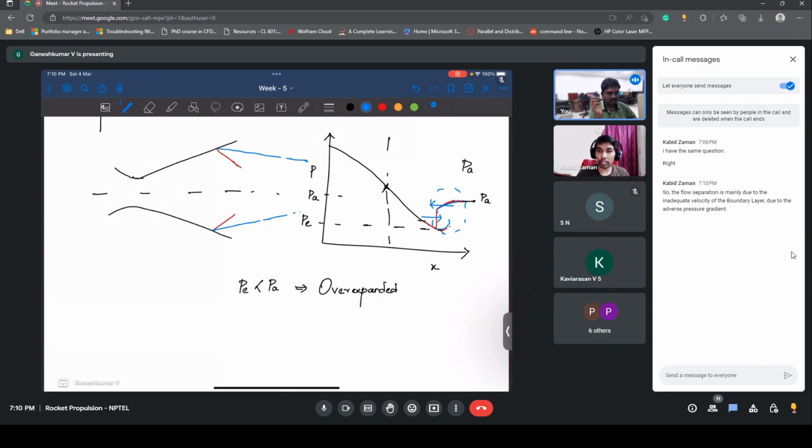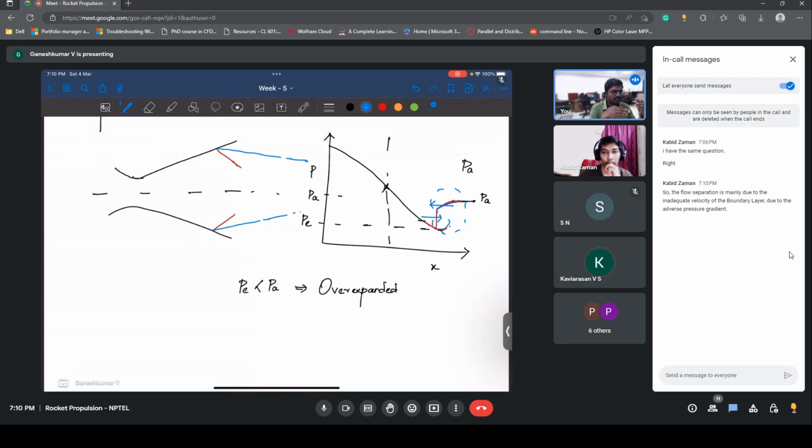so the flow separation is mainly due to inadequate velocity of the boundary layer due to adverse pressure gradient. So basically, the boundary layer doesn't come into the picture here. The boundary layer is there, see, the boundary layer is there everywhere. Okay, so along this nozzle there is a boundary layer, but the flow separation is not mainly due to that.